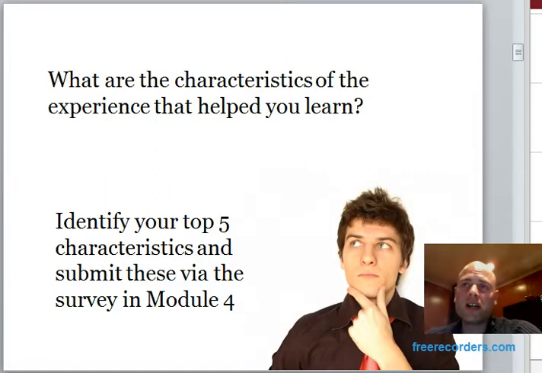For instance, maybe it was very comfortable, maybe it was well lit. But maybe of the facilitator, it could be that they ensured that everything was very relevant, the nature of the examples, or that everything was organized. Think about the characteristics of that experience that were most helpful to you and complete that in this second quadrant.